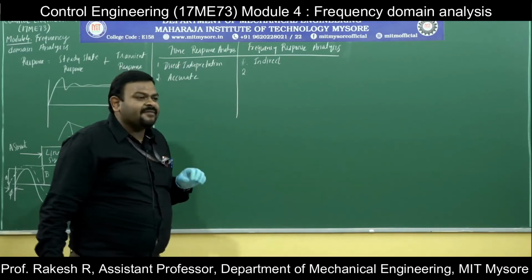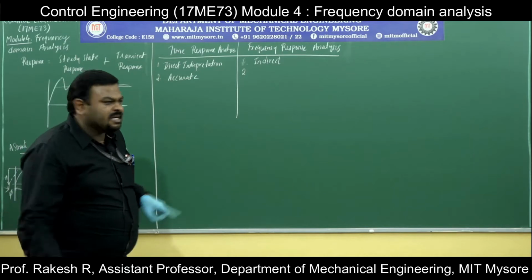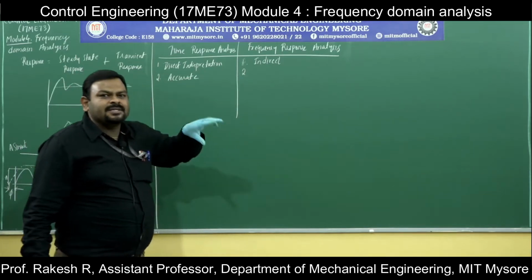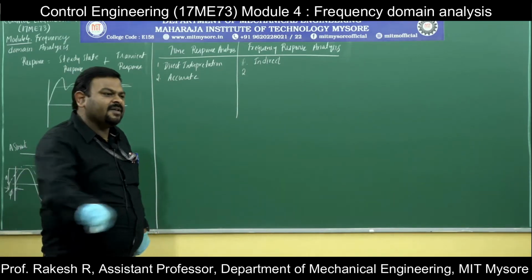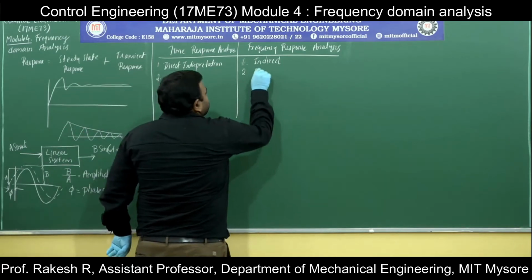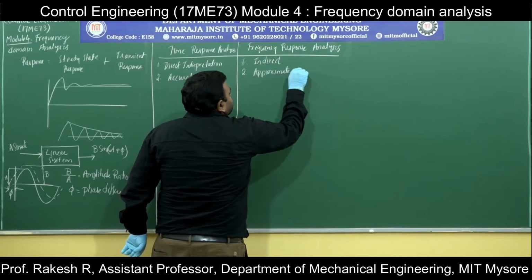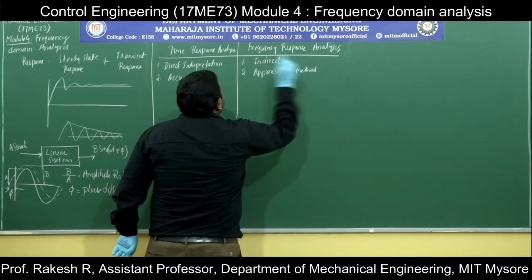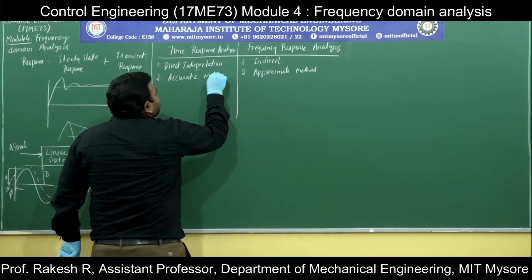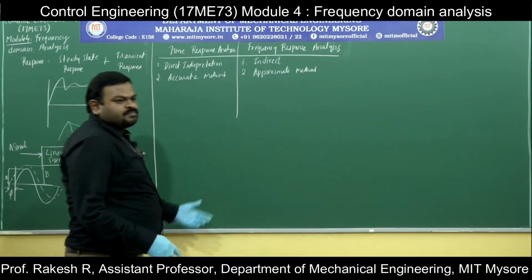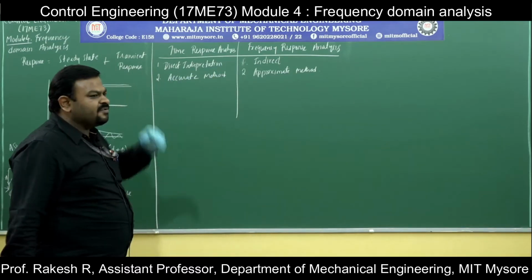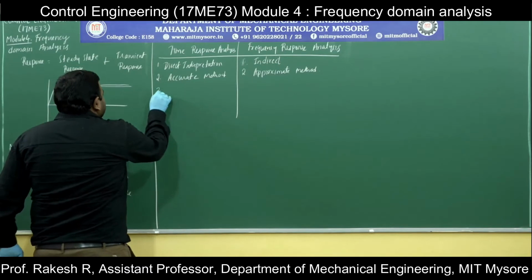Since we are using graphical interpretation, I won't say it is less accurate, because less accurate is an offensive word. I will say it is an approximate method. Here it is an accurate method, here it is approximate. So instead of less accurate, I have used approximate method. Number 3.